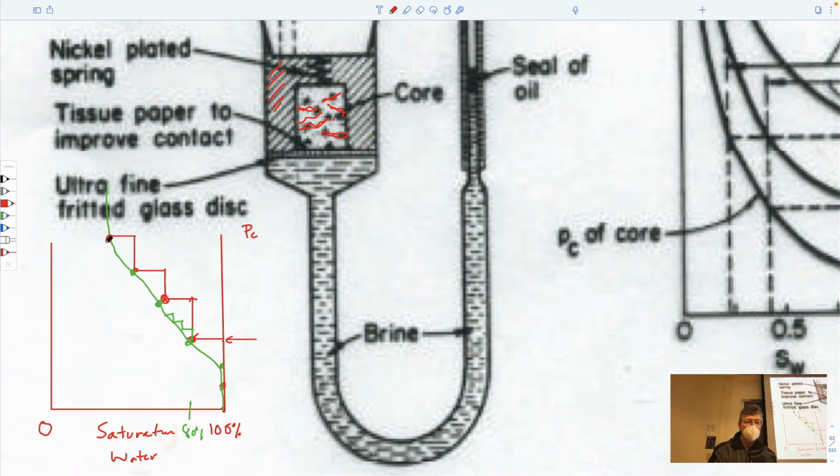You can see from this here that if you went down here, this would be something like 30% saturated with water. If it's 30% saturated with water, that's not a 6, that's a percent, then it has to be 70% red fluid, if you like, which is the NAPL.